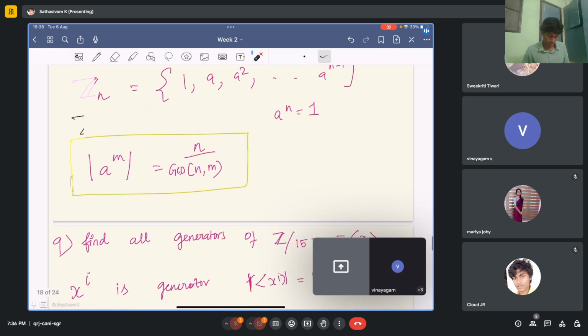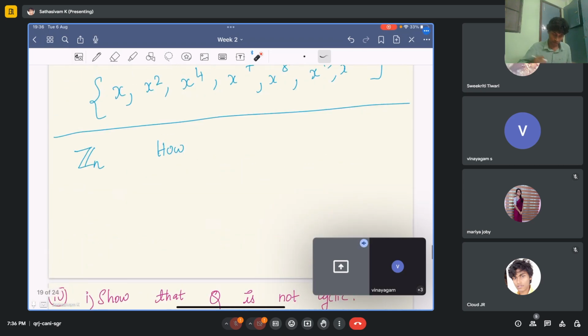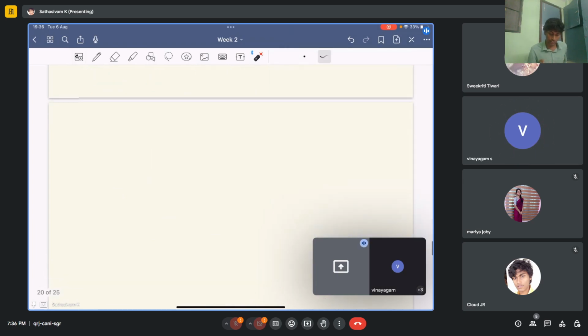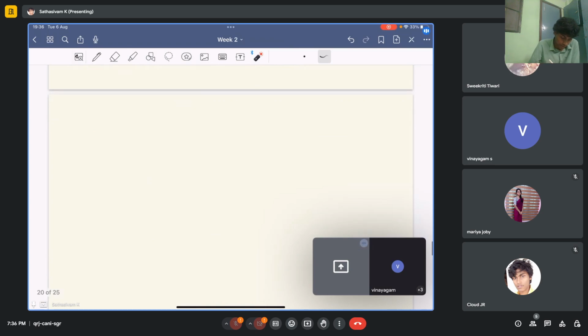But probably I will tell you something here because you asked. So let's consider two groups. Let's say you take i and 1, where i is the complex number. So this is actually a group under multiplication.